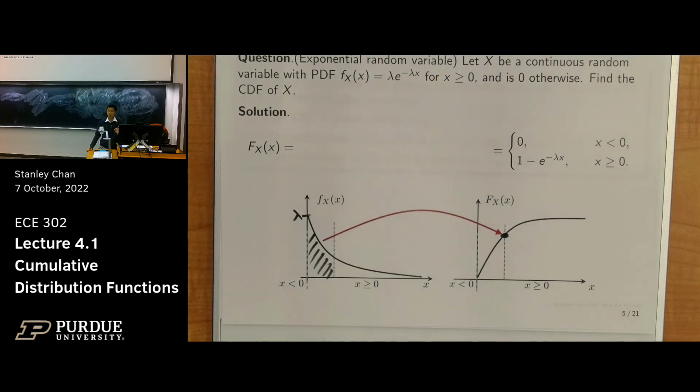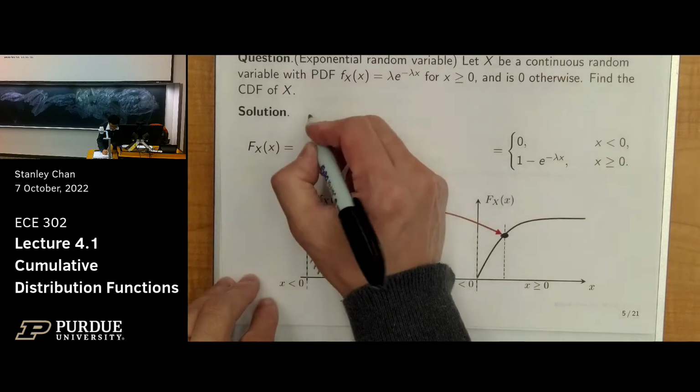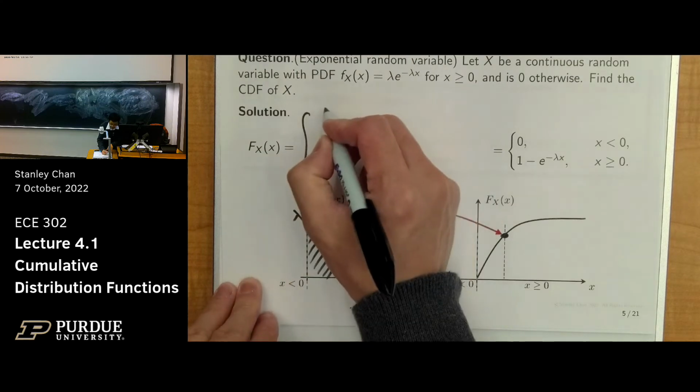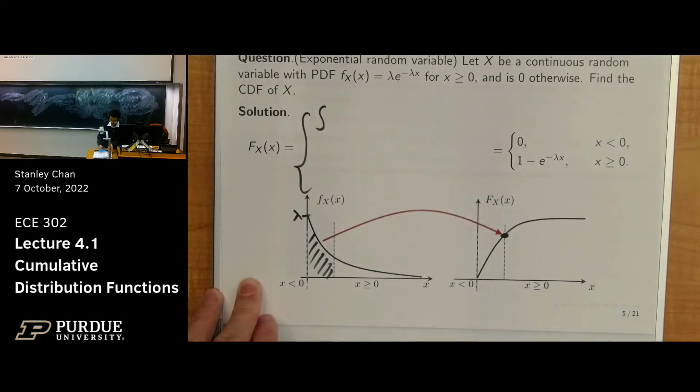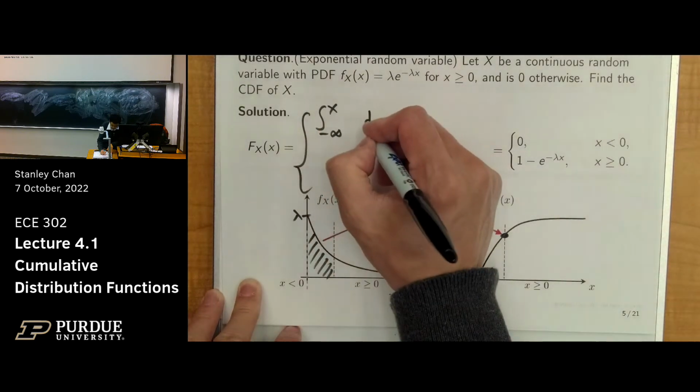And how many segments are there in this PDF, from minus infinity to plus infinity? 2 segments, okay? 1 on the negative side, 1 on the positive side. Great. So let's look at the negative side. I want to integrate anything from minus infinity all the way to x, and then there is a dt.